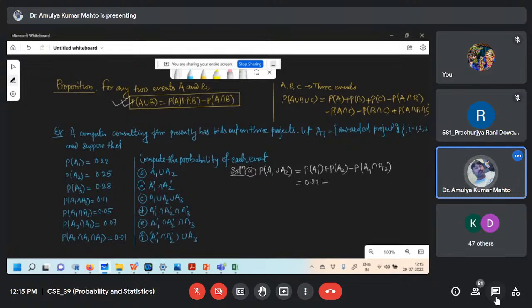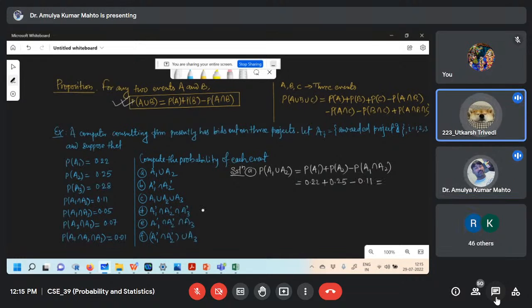Probability of A2 is 0.25 minus probability of A1 intersection A2 is 0.11. Can you please give me the value? 0.36. Let's see the next one.